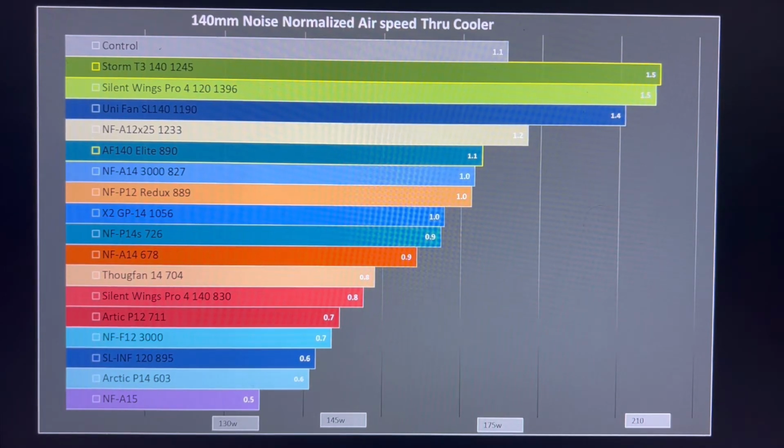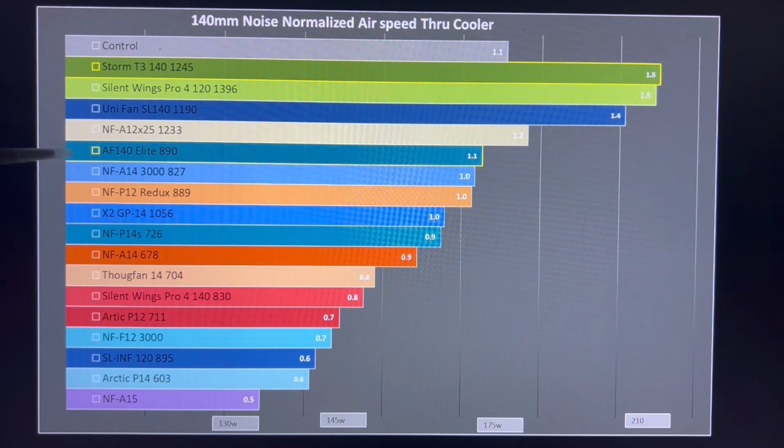Or you could run the fan a little bit slower and have even lower noise values. So basically it's saying that you can get more performance out of certain fans than other ones. But if you're already using the Storm T3, then you've got pretty much nowhere to improve. That's how you can use this data for yourself.